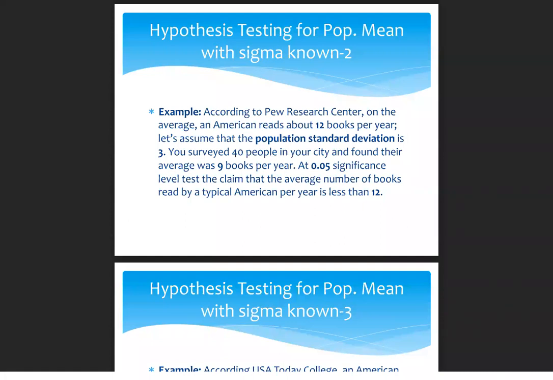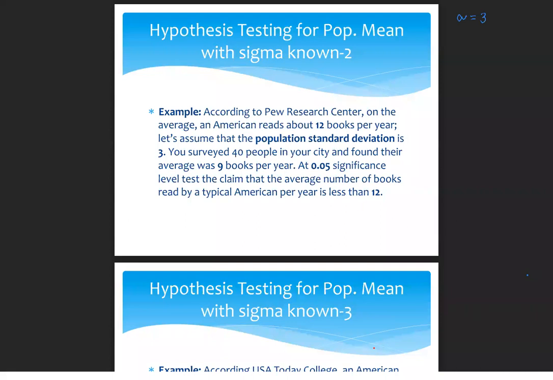According to Pew Research Center, on the average, an American reads about 12 books per year. Let's assume that the population standard deviation is 3. So your sigma is 3.